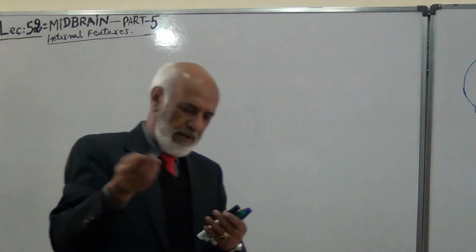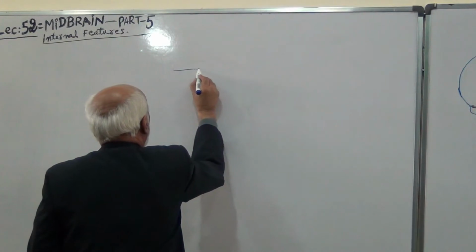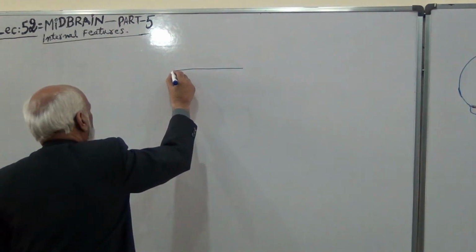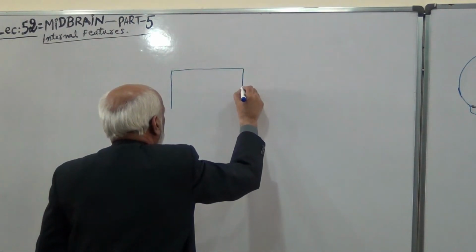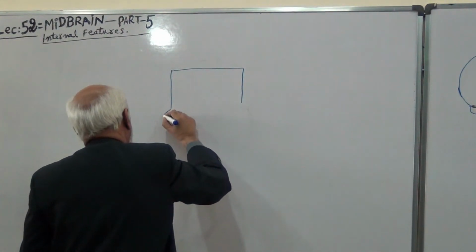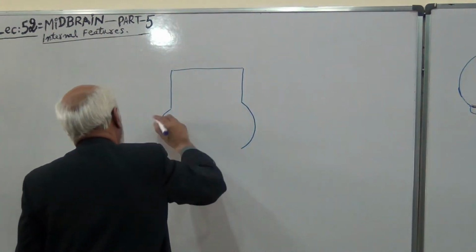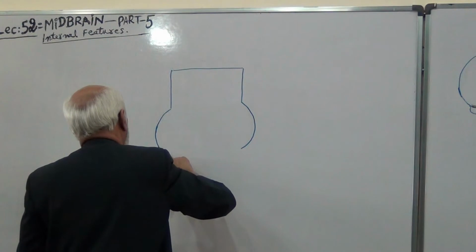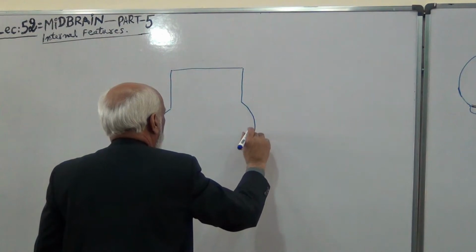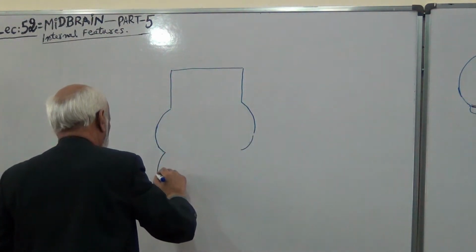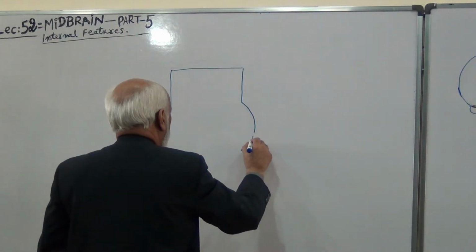Now with the help of a diagram, I will try to explain. I will draw a brainstem, that is midbrain, pons, medulla oblongata, and below that will be the spinal cord. Now this is a longitudinal section through the brainstem. And below the brainstem is continued as the spinal cord.